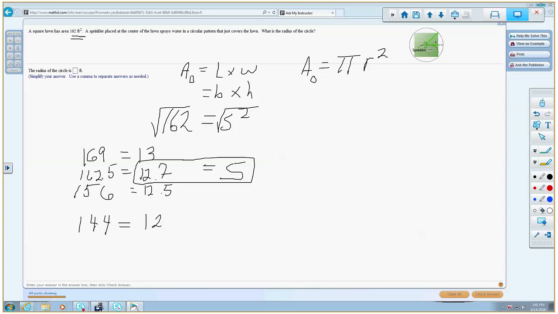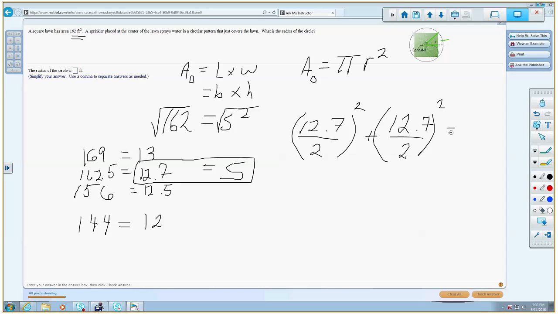So I can take this 12.7 and this 12.7 and put it in the calculator as the Pythagorean theorem. 12.7 divided by 2, squared, plus 12.7 divided by 2, squared, is equal to c squared.